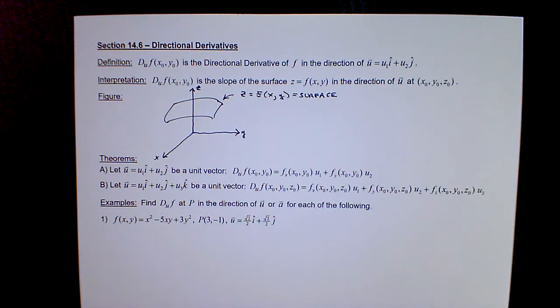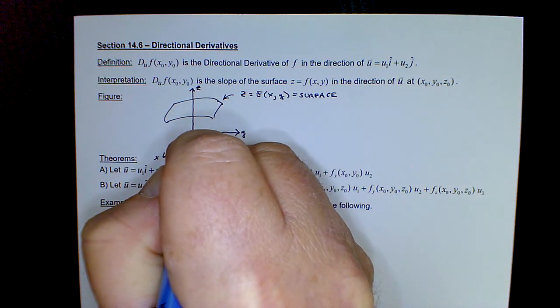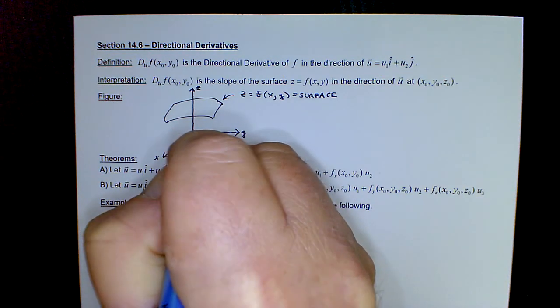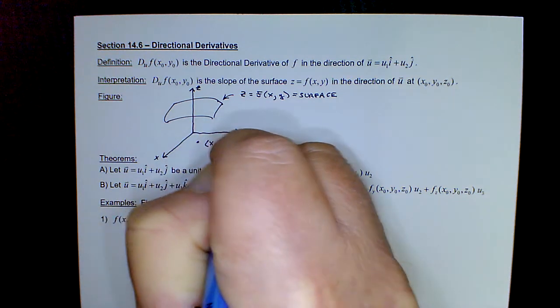That's our surface, and we have some point in the xy plane. So maybe 1 in the x, 2 in the y, or 1 in the x, 1 in the y, whatever it is. We'll just denote that as x sub 0, y sub 0.